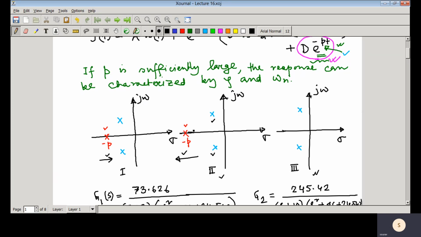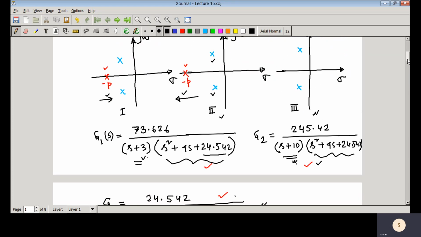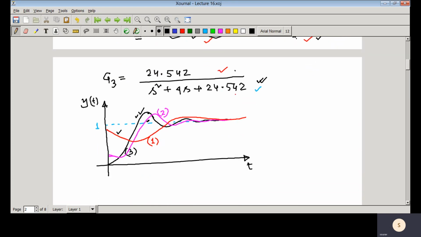So if the location of the newly introduced pole is far away from the origin, we can assume that the response would be characterized by simply zeta and omega n, and its response would be very close to the original response, underdamped or overdamped, whatever it is. That means the response can be characterized by zeta and omega n.